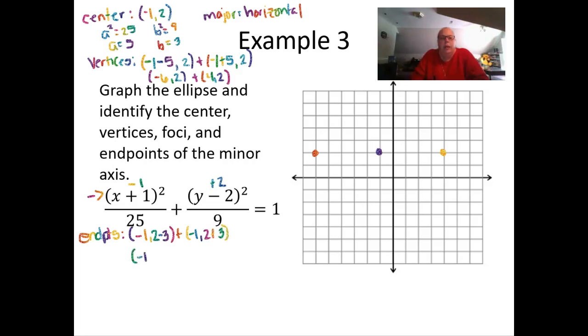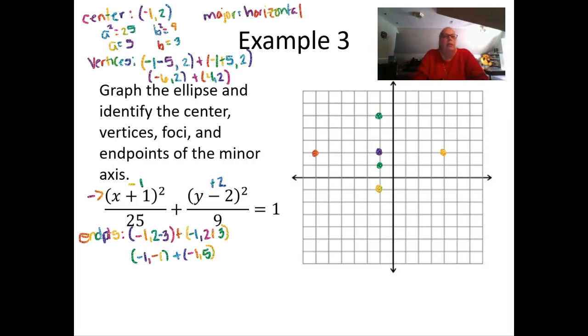This gives me the points (-1, -1) and (-1, 5). Right, let's graph those. (-1, -1) is right here. No, it's not. That's (-1, 1). Sorry. (-1, -1) is right here. And (-1, 5) is right here.